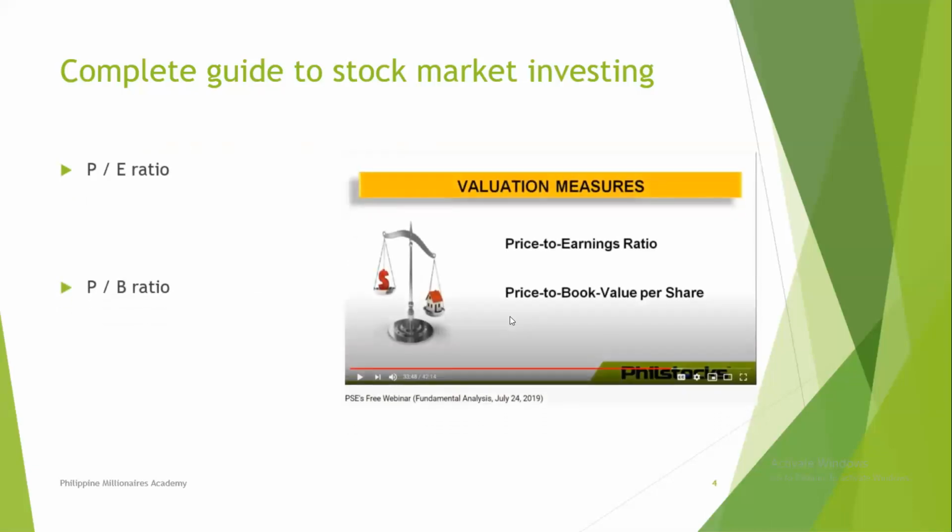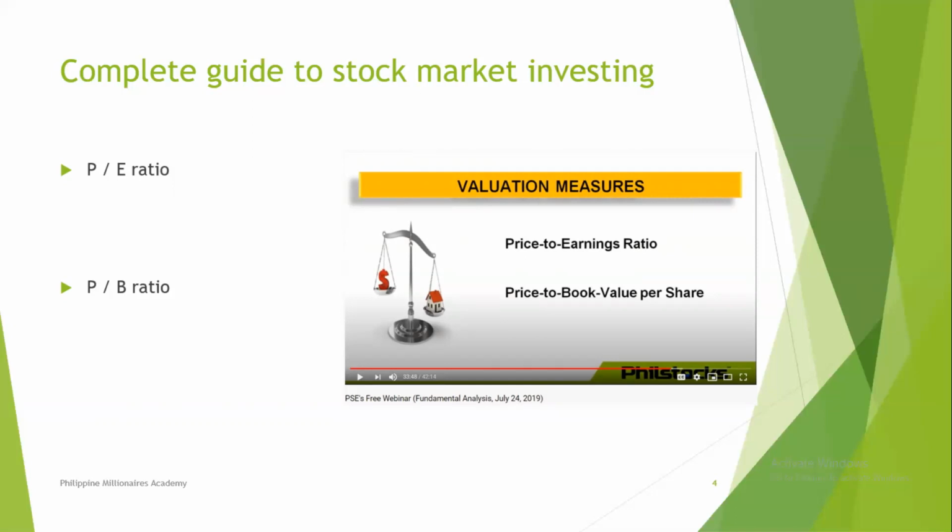So PE and PB ratio are valuation measures we use to determine whether the current price of a stock is undervalued, fairly valued, or overvalued. Kasi guys, the actual or the current price of a stock does not necessarily indicate the actual worth of the company, or yung tinatawag nating intrinsic value.